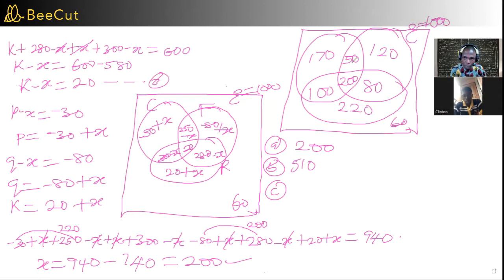But those that watch two are 50, 80, and 100. Yes or no? Yes, sir. While those that watch three are 200. So you will now add those that watch two and those that watch three together, and that will give you 410. That will give you what? 410. Very good. So is the solution clear now?